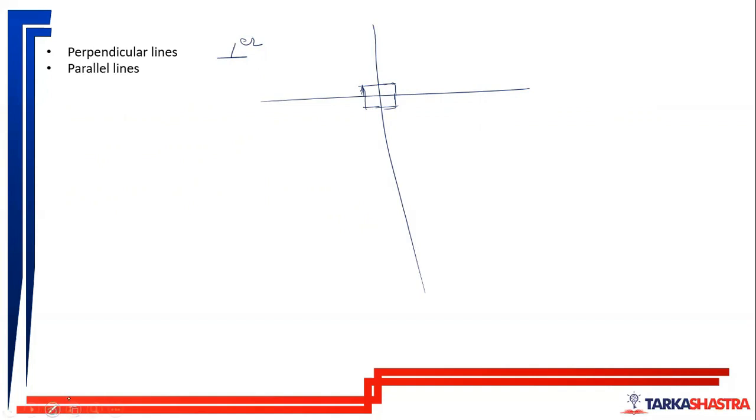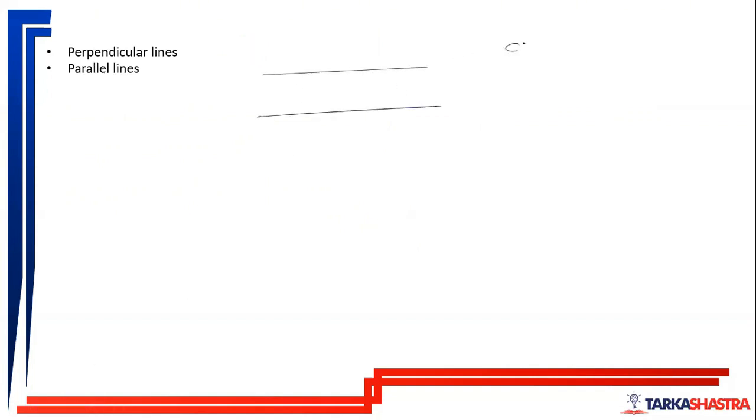Parallel lines मतलब क्या? A pair of two coplanar lines. Coplanar मतलब क्या?